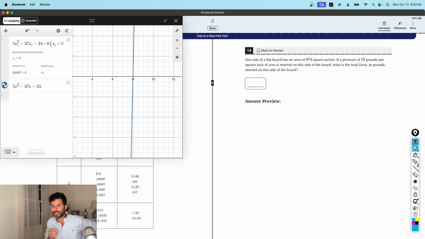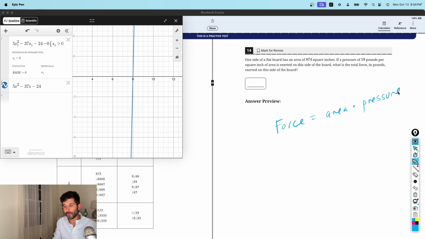Question number 14. One side of a flat board has an area of 874 square inches. If a pressure of 19 pounds per square inch of area is exerted on this side of the board, what is the total force in pounds exerted on the side of the board? I think for this one, force is going to be equal to the area multiplied by the pressure.